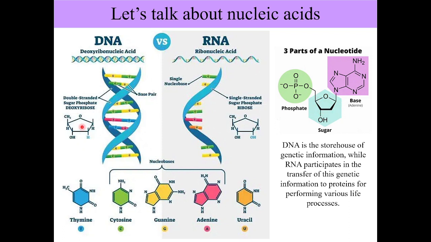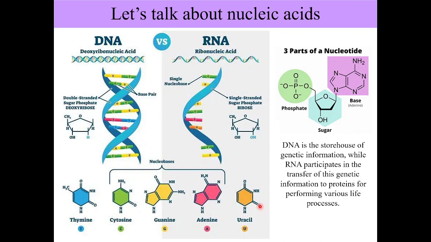And this is the nitrogenous base. So there are 4 different types of nitrogenous bases. You can see in DNA, these are the 4 different types of nitrogenous bases in DNA, and in place of thymine, there is uracil in RNA.